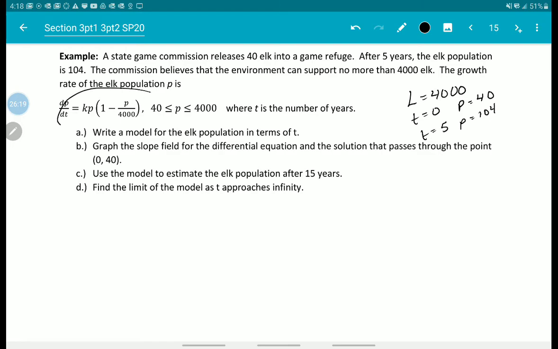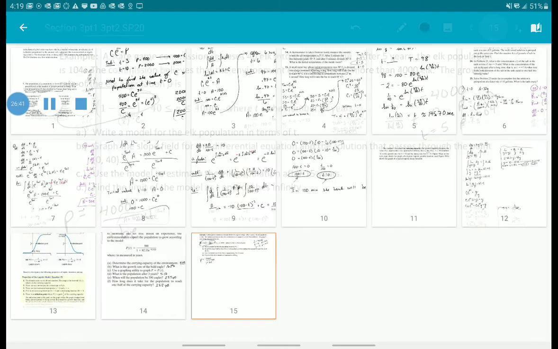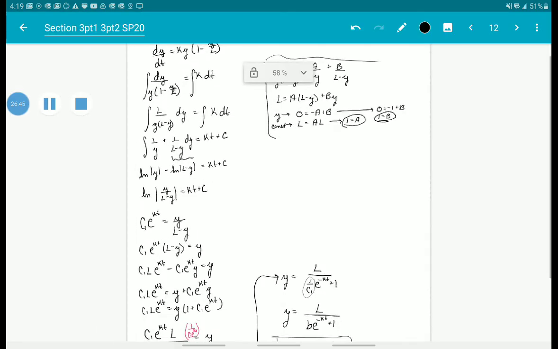So if we take this model and we integrate it, we will end up with our equation here, and it's going to be 4,000 over 1 plus B e to the negative kt. So how do I know that? Well, we did the derivation a little bit ago, and so that's kind of the heavy lifting for this problem.